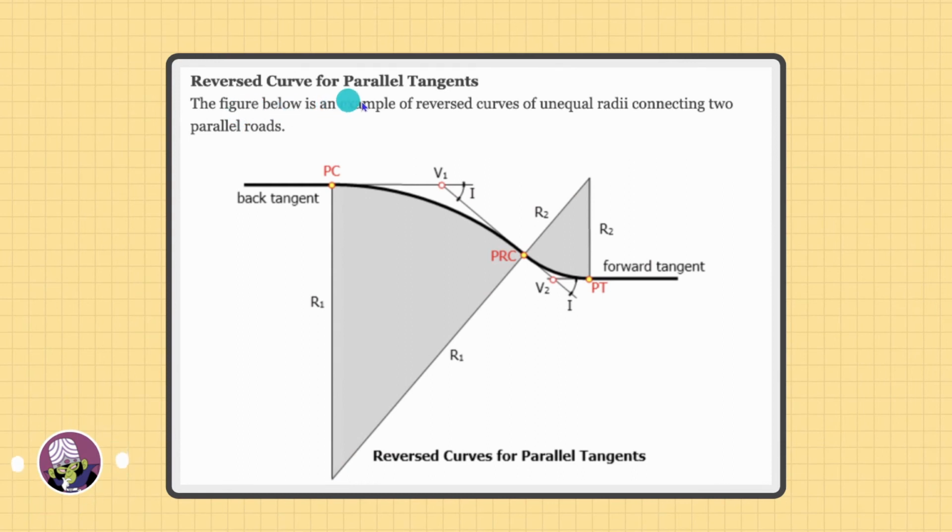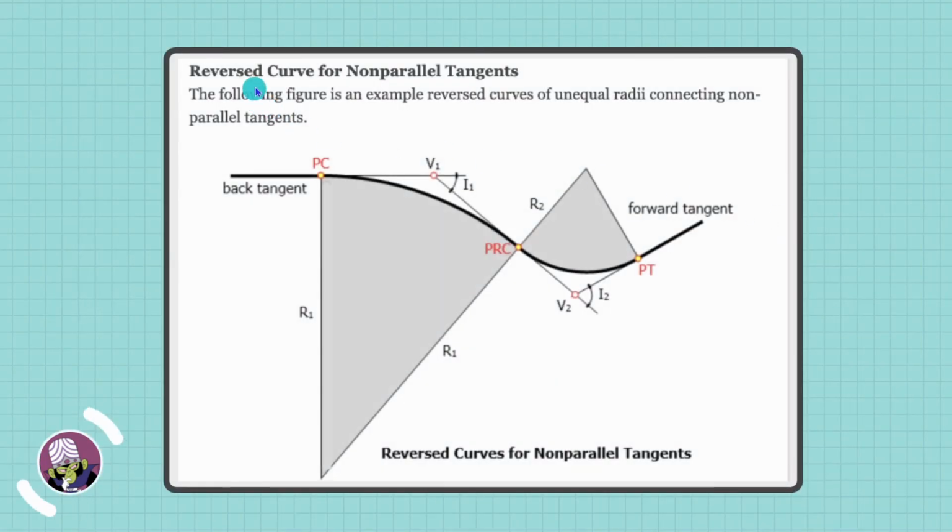Reverse curve for parallel tangents. As you can see here, the back tangent and the forward tangent are parallel to each other. If we continue this here, we continue this here, they are parallel to each other. Reverse curve for non-parallel tangents. So this is the example of a reverse curve for non-parallel tangents.